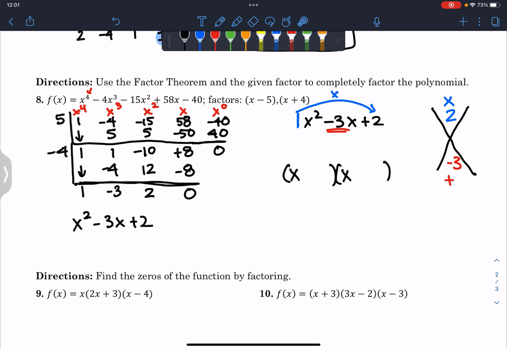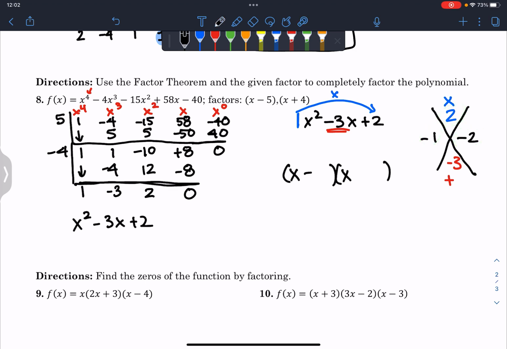Well, since 2 is a prime number, there's only one possibility, 1 times 2. That's the only way to multiply to get a 2. Now we need these numbers to add up to a negative 3. So a positive 1 plus a positive 2 does not add up to negative 3. But if I make them both negative, they do. A negative 1 plus a negative 2 adds up to negative 3. And because they're two negatives, they multiply to a positive 2 as well. So that satisfies my factors.